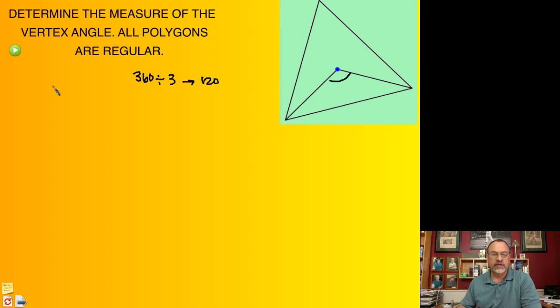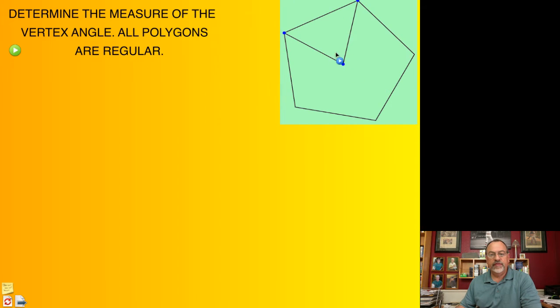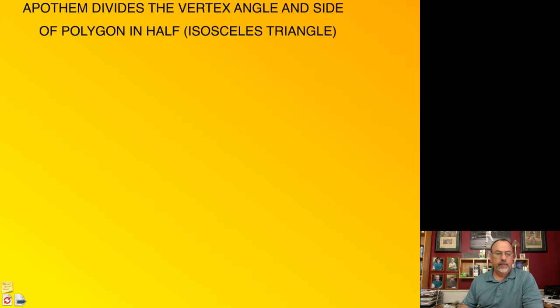So that vertex angle is 120 degrees. It's that simple. What would be the measure of this angle? Well, 360 divided by how many sides are there? 1, 2, 3, 4, 5. So that would equal 72, right? Okay, so determining the measure of that vertex angle is not too difficult.